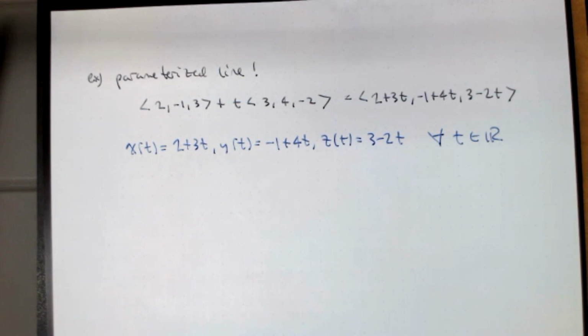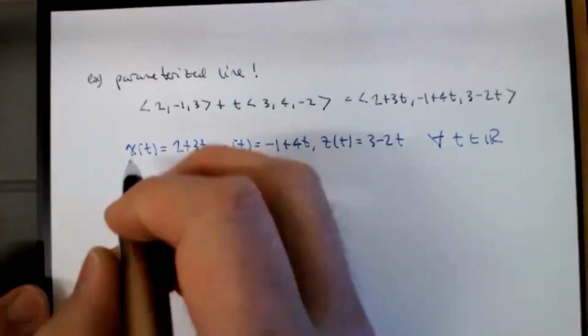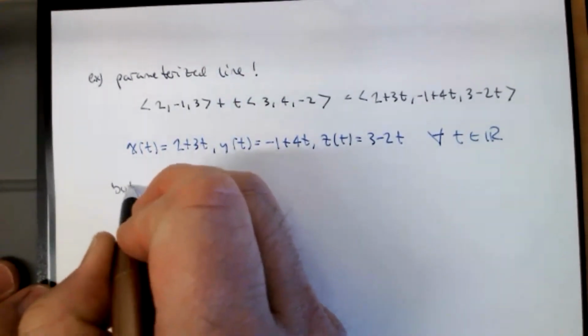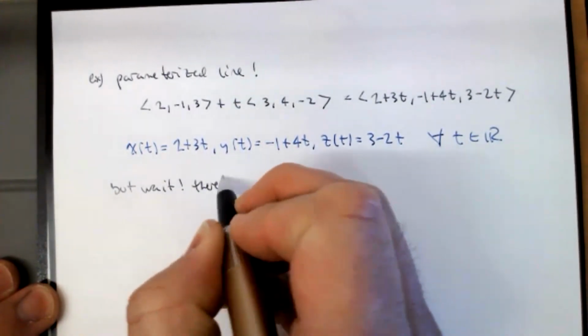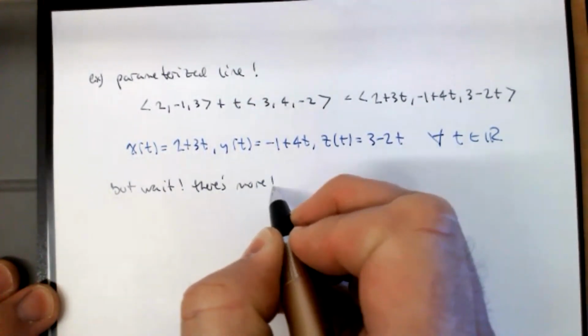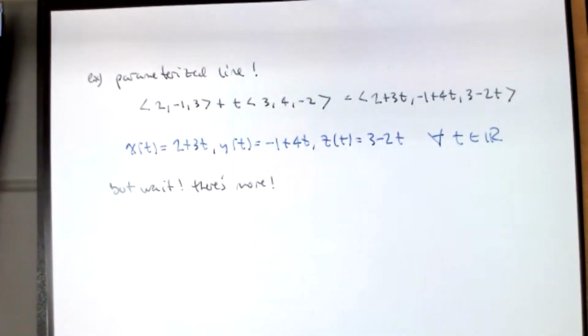This does add something because we were switching to parameterized lines. This does add something. Remember that a parameterized curve has a direction.